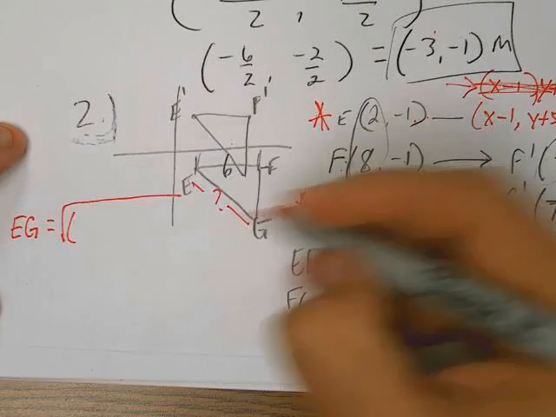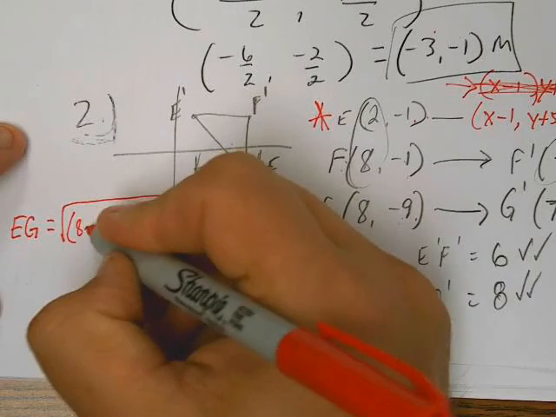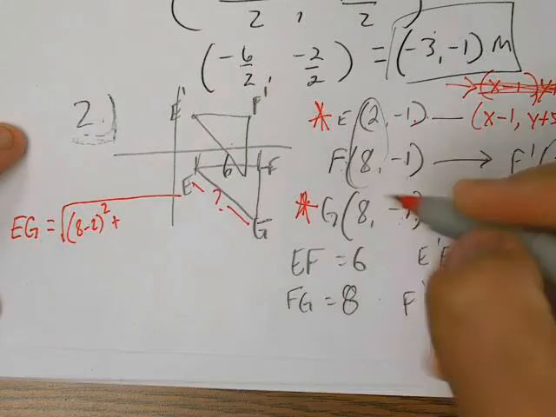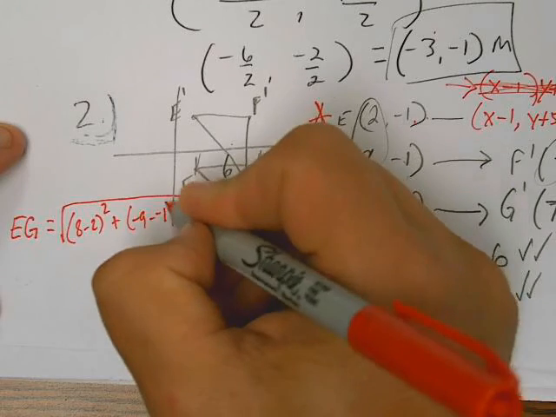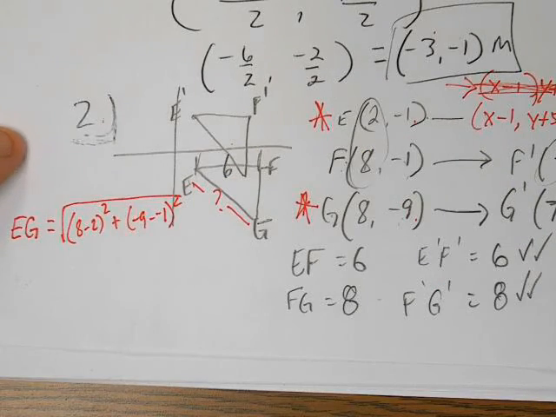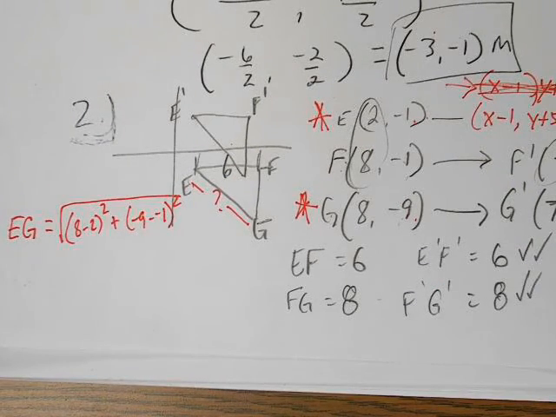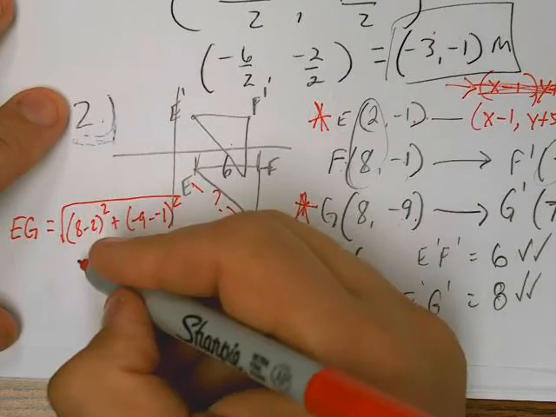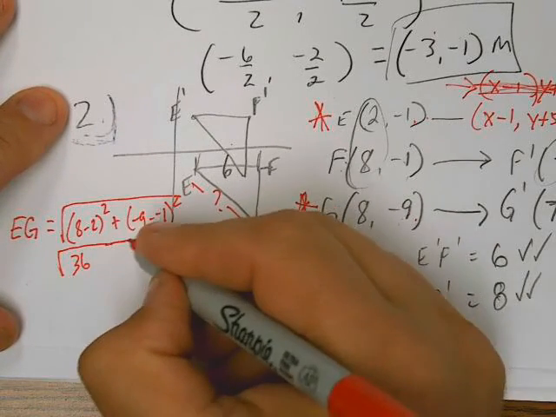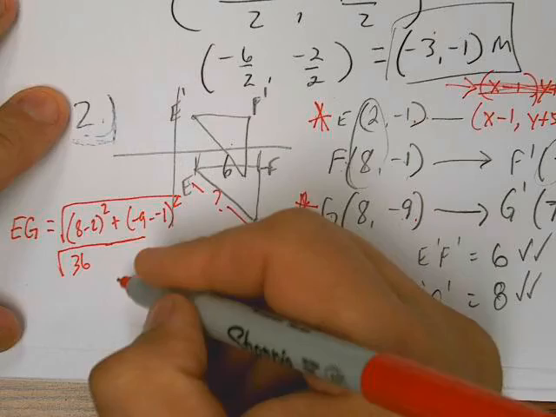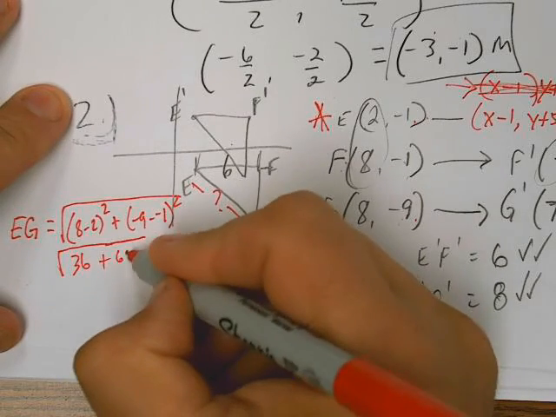Refresher: change of x's, 8 minus 2, quantity squared, plus negative 9 minus negative 1, quantity squared. That's the distance formula. Tomorrow you've got to know it. 8 minus 2 is 6. 6 squared is 36. Negative 9 minus negative 1 is negative 8. Negative 8 squared is 64.